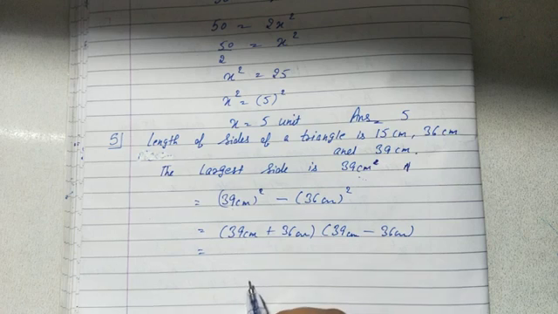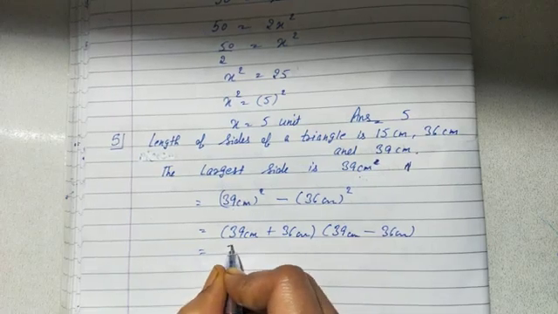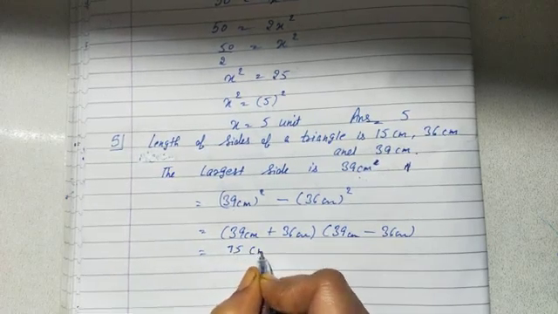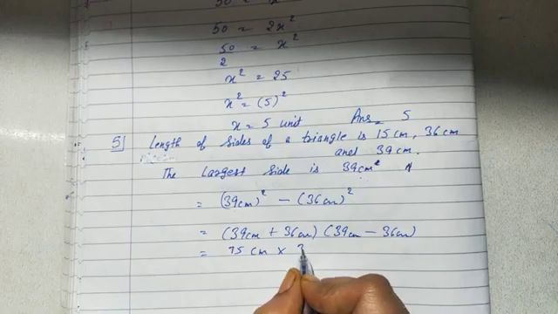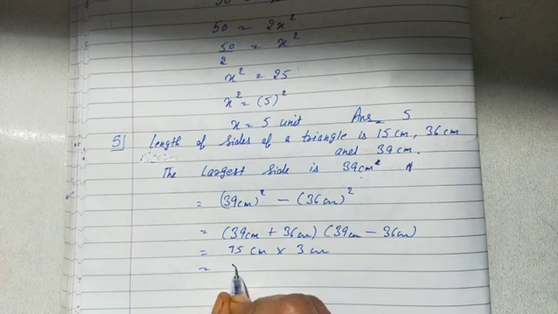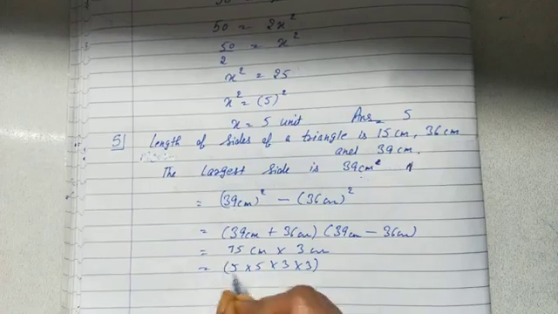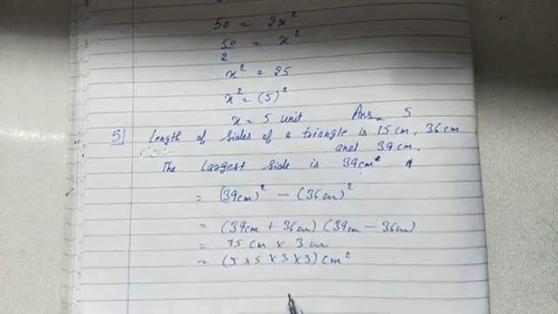Yes, 39 plus 36. The same questions we have in the hint also. You will get it as 75 centimeter into 3 centimeter. We'll find their factors as 5 into 5 into 3 into 3 centimeter square.